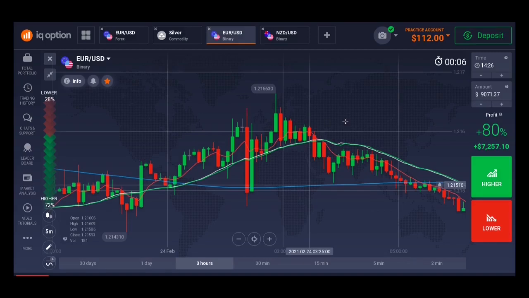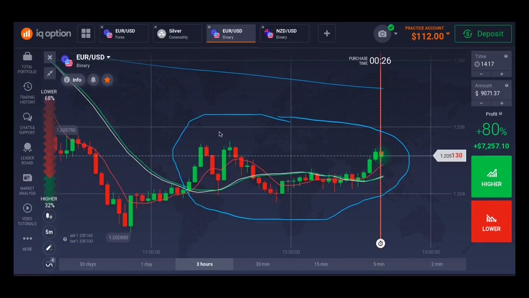I'll also show you another trade to avoid with this strategy. Anytime you see this blue moving average above, and you see this green, white and red moving average below, and a green, bullish candle crosses above these moving averages while they are below this blue moving average, you don't buy.